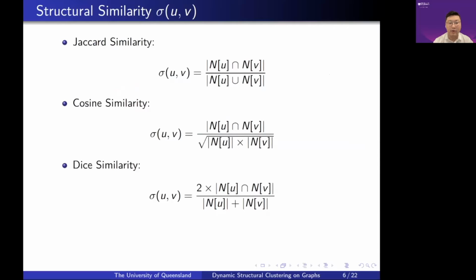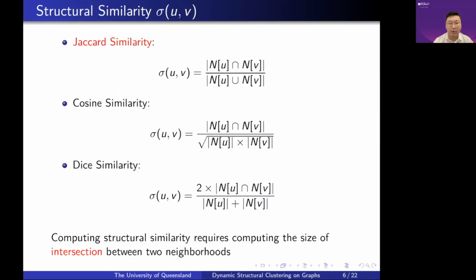Here are three popular definitions of structural similarity in the literature. You may notice that no matter which form of definition we adopt, computing a structural similarity requires us to compute the size of the intersection between two neighborhoods. When the neighborhoods are large, the computation can take O(n) worst-case time.